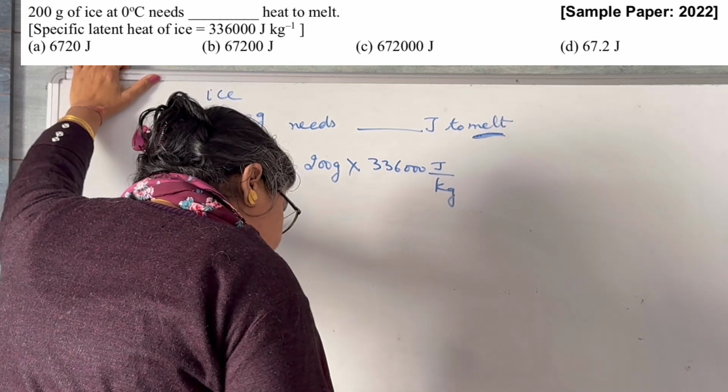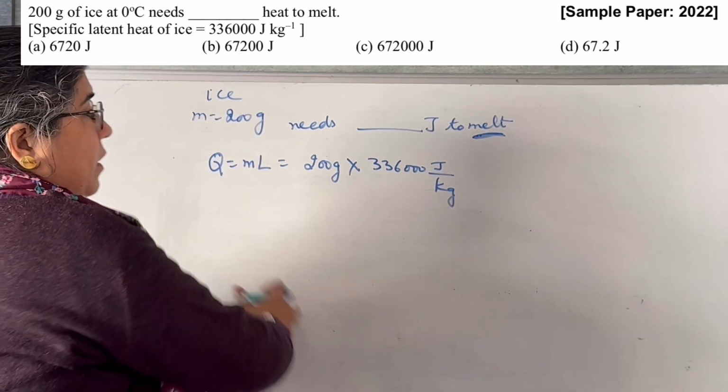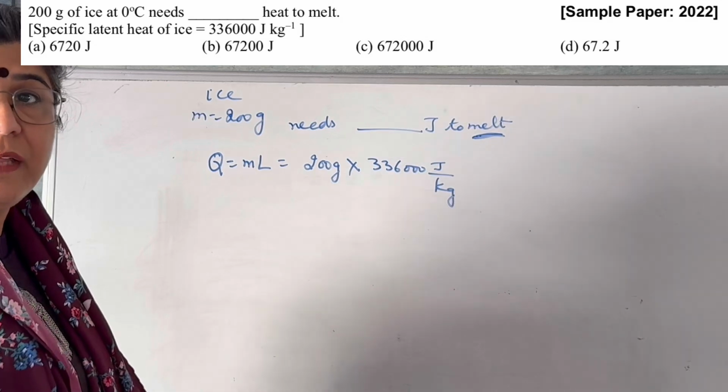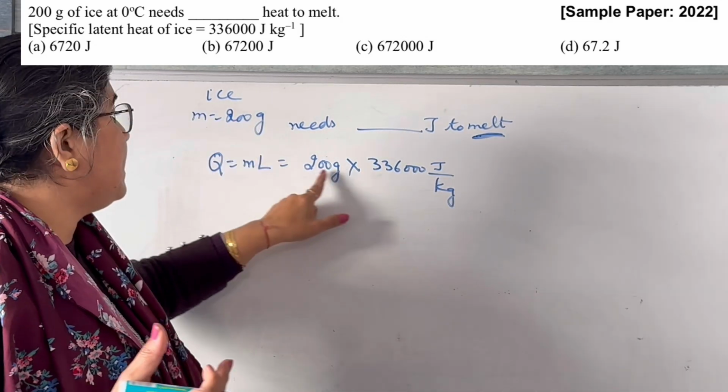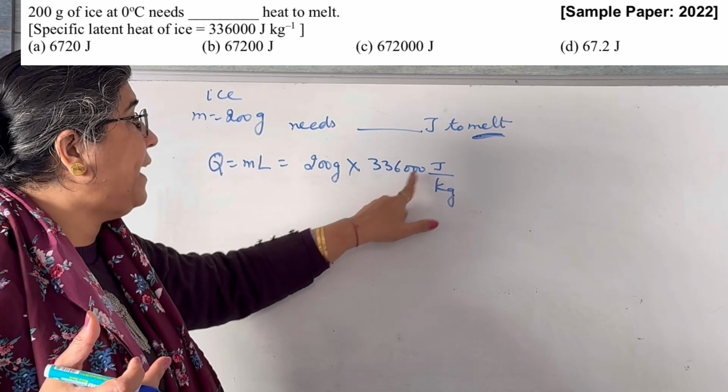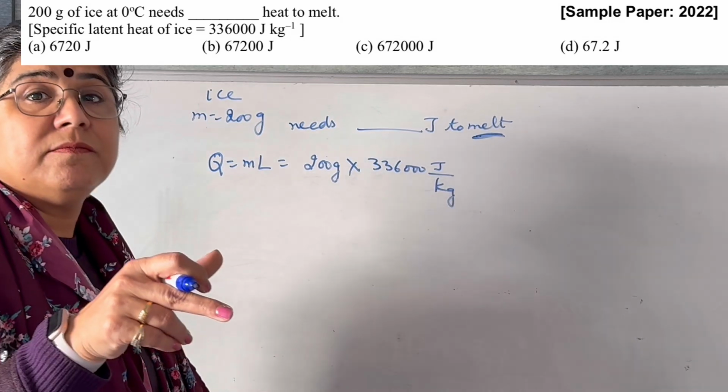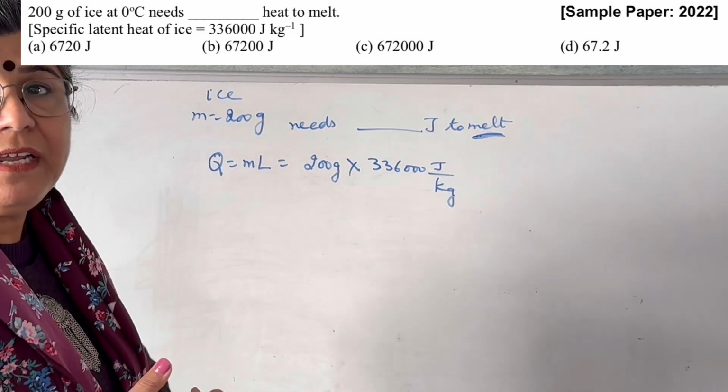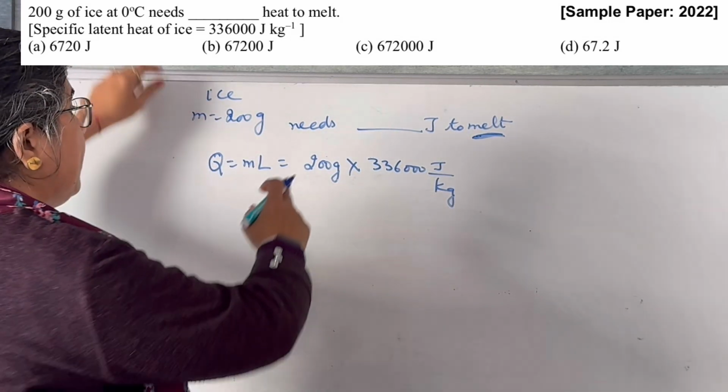Are you understanding what was important about the question? This was not simply ml. They had a game. They had given you mass in grams and the latent heat L in joule per kg, so that you do a blunder if you don't write units. You should be in a habit of writing units.